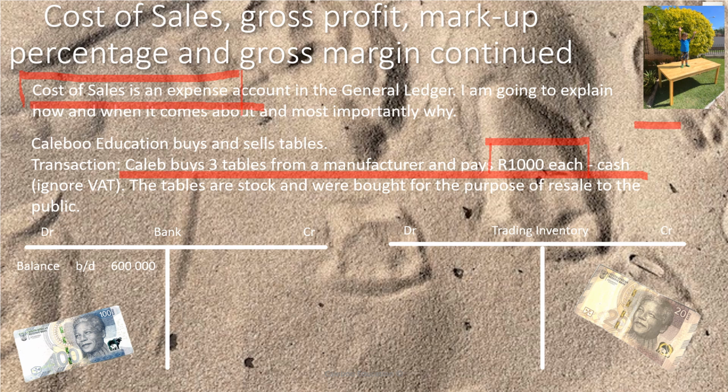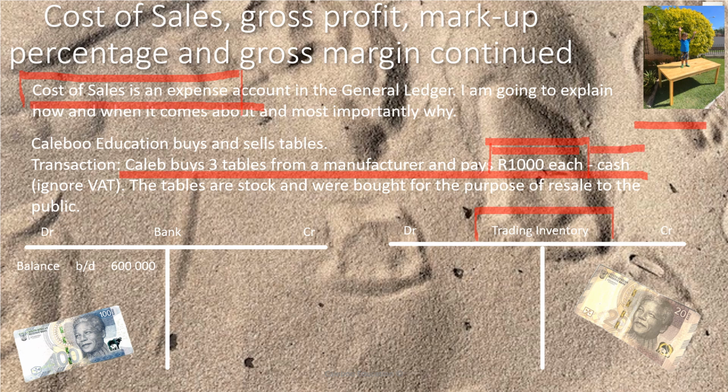Remember, Caleb is in the furniture business, so the tables that he is purchasing are his stock. What you buy and sell is your stock, and the correct terminology or account name is trading inventory. So that's your stock, your merchandise that you're buying and selling.